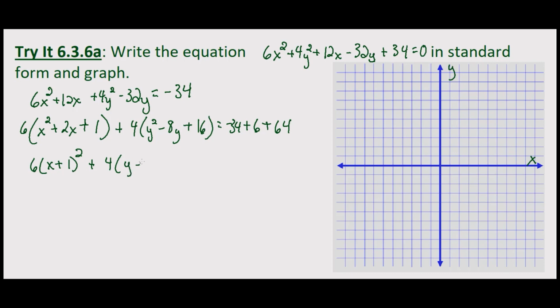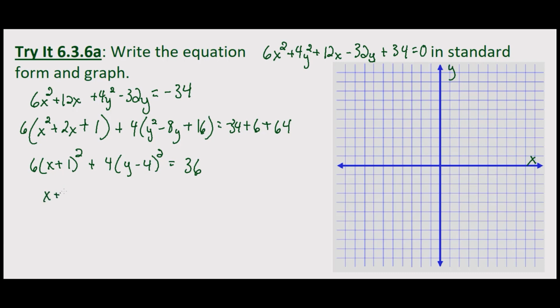Now this one's going to be minus 4 squared equals negative 34 plus 6 plus 64. That's negative 28 plus 64, which is going to be 36.